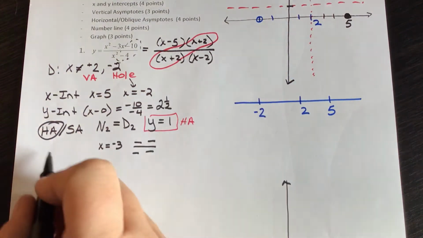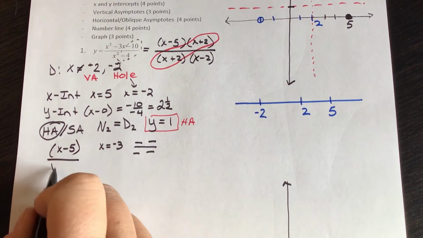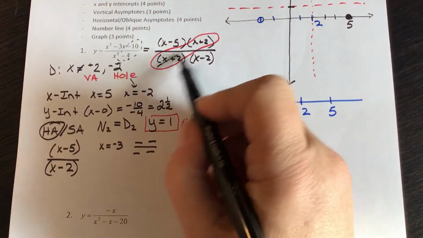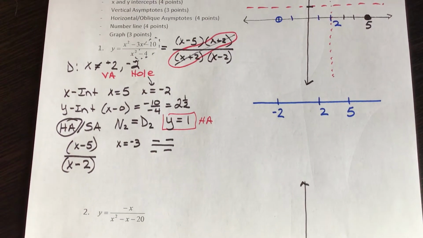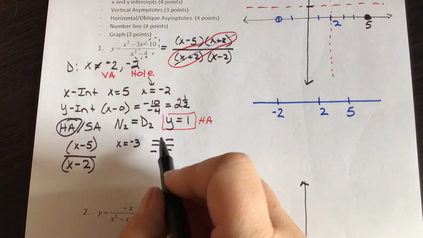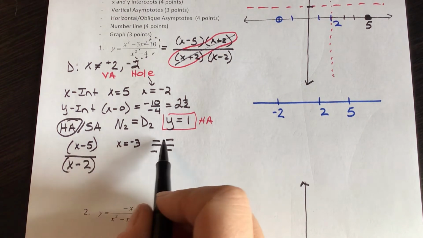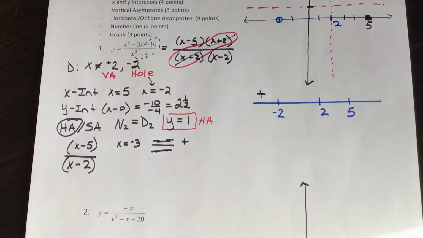Really, what I need to check is x minus 5 over x minus 2, because these will end up canceling themselves. Okay, so really, x minus 5, that would be negative over negative, so that's positive. So that section right here is positive.